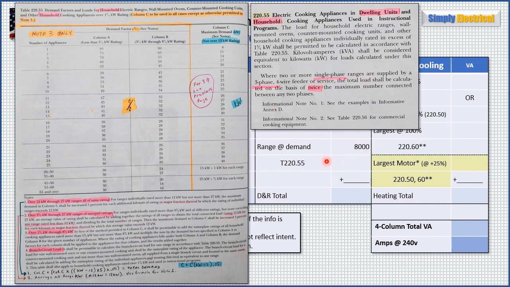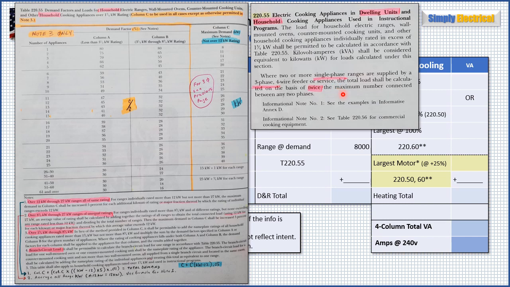Okay, last thing is right here. We didn't read this yet. It says where 2 or more single-phase ranges are supplied by a 3-phase 4-wire feeder or service, the total load shall be calculated on the basis of twice the maximum number connected between any 2 phases. So again, just like the dryer, this is talking about a 3-phase service for a single-phase range or ranges.